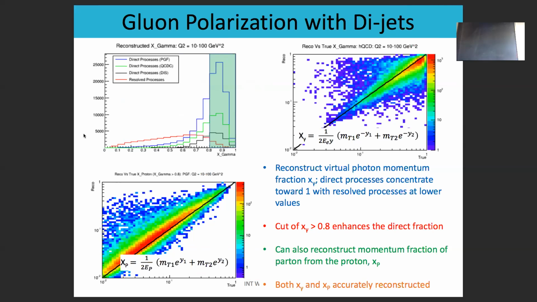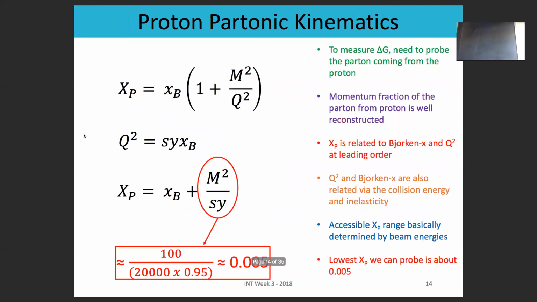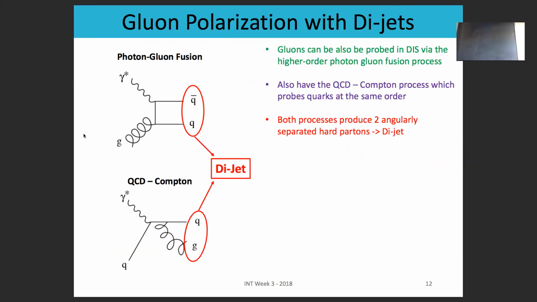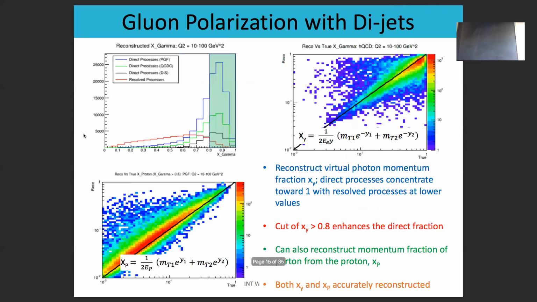As I alluded to before, we can construct this X gamma variable, which is basically this, the momentum fraction that's coming from the photon. For a direct process like photon gluon fusion or QCD Compton, the photon behaves in a point-like way, and so X gamma should be 1, whereas for resolved, X gamma can take a continuum of values, which is what you see here.